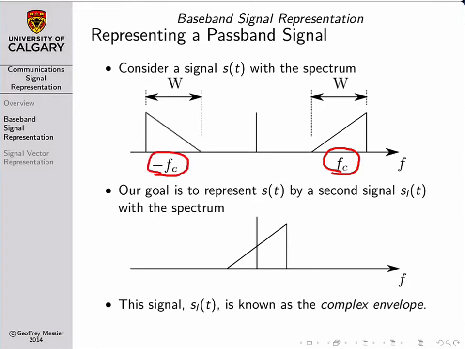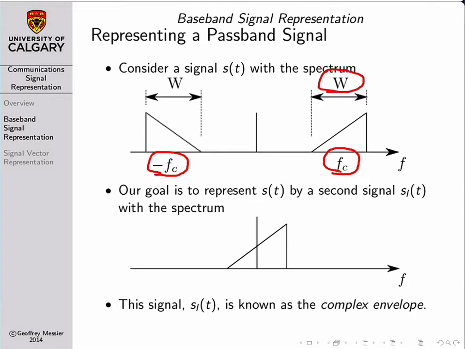Generally speaking, a passband signal carries information through changes in either its amplitude or its phase. Those amplitude and phase variations are what give the signal its bandwidth W. In order to be classified as a passband signal, the bandwidth W is quite a bit smaller than the value of the carrier frequency.